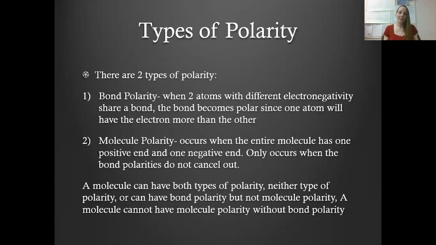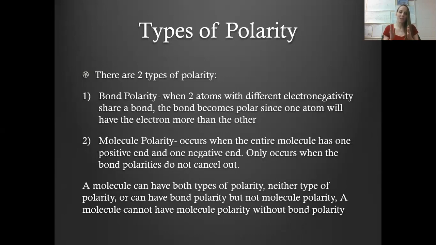Molecular polarity, on the other hand, means the entire molecule is polar. So one end is slightly positive, one end is slightly negative. And you can have a molecule that has bond polarities, but that does not have molecular polarity. And that happens if the bond polarities cancel out. And I'll show you what that looks like in a minute.